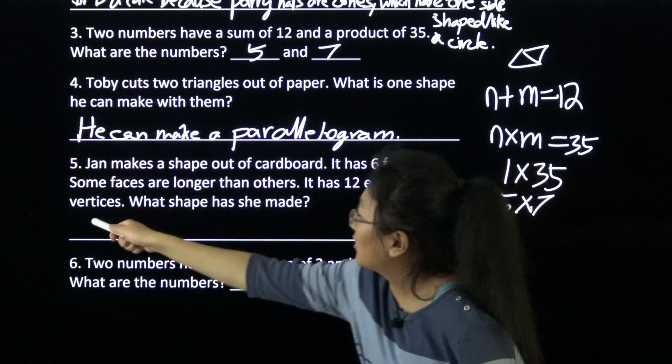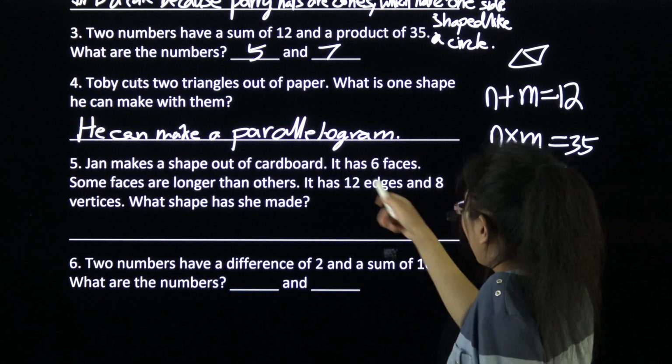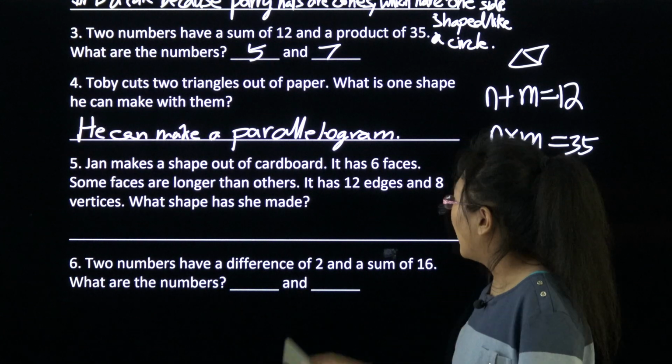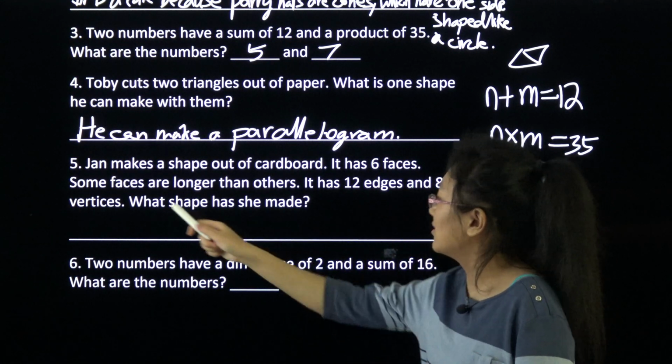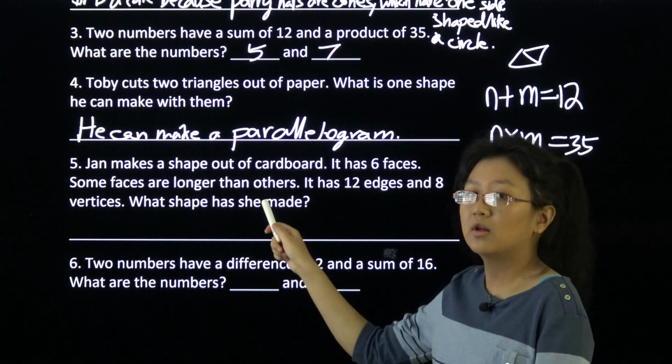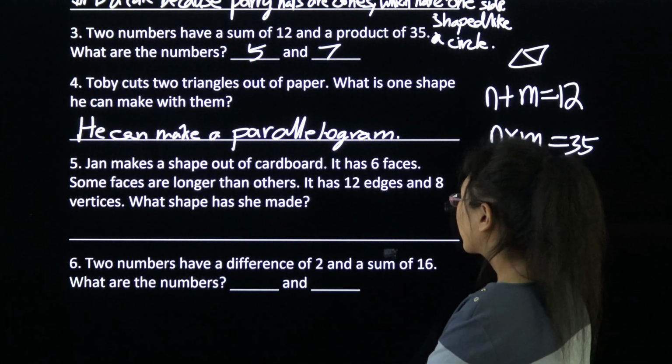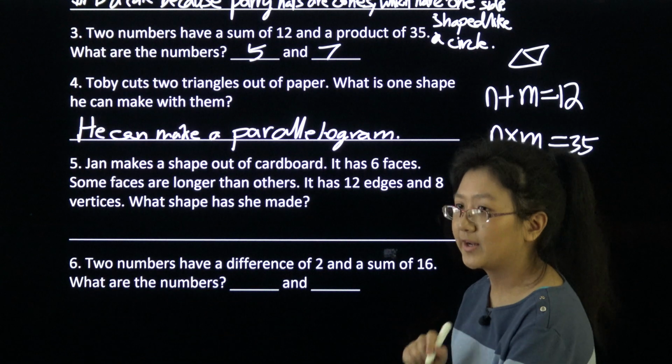This part doesn't really matter since we already know it has 6 faces and both of the shapes fulfill that requirement. And the moment that you hear that it has 6 faces and that some faces are longer than others, we already know that it's a rectangular prism. So, she has made a rectangular prism.